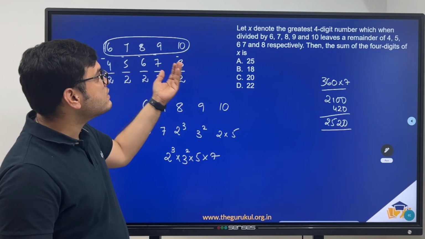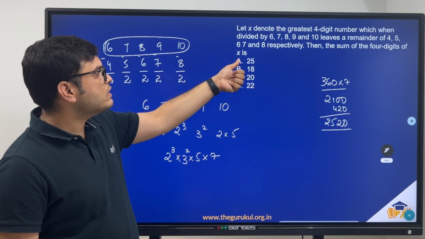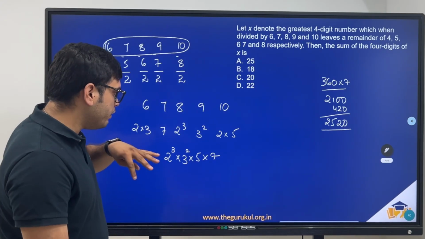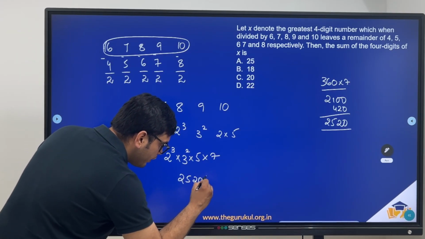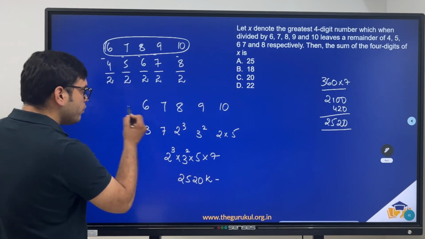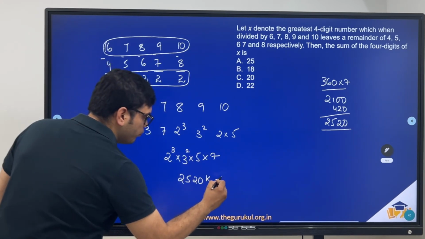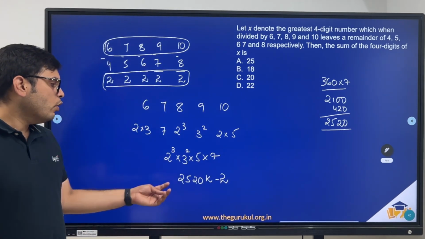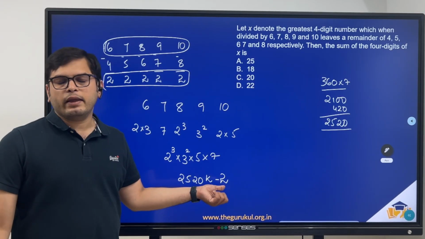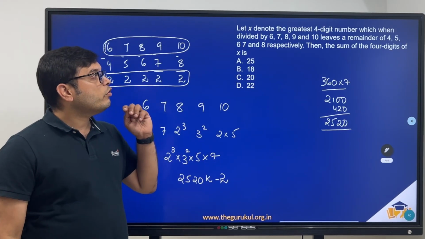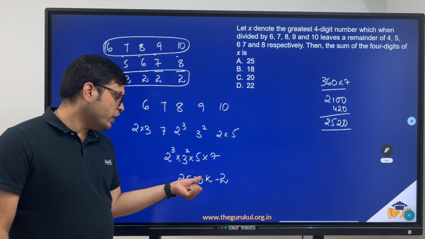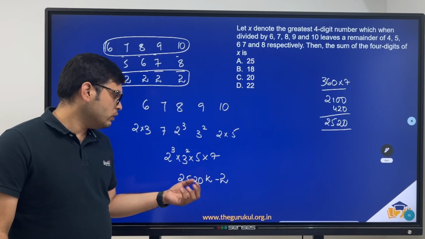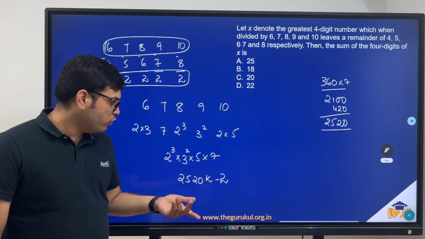Now if 2520 is the LCM of all these 5 numbers, then the required number which leaves a remainder of 4, 5, 6, 7, 8 when divided by 6, 7, 8, 9, 10 respectively will be of the form 2520k minus the difference 2. The number should be in the form 2520 into k minus 2. Now we are asked to find the greatest 4-digit number. So 2520 into 2 will also be a 4-digit number, into 3 will also be a 4-digit number.